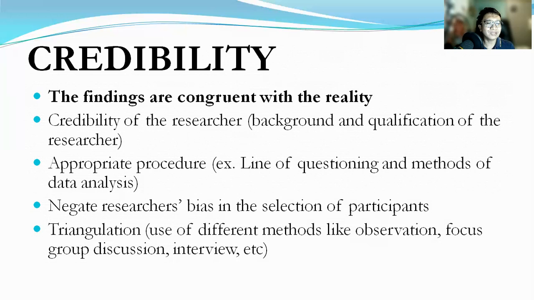Another is triangulation, if we want to ensure credibility of our qualitative research. This is about the use of different methods, for example observation, focus group discussion, and interview, to triangulate your results and make sense of everything.